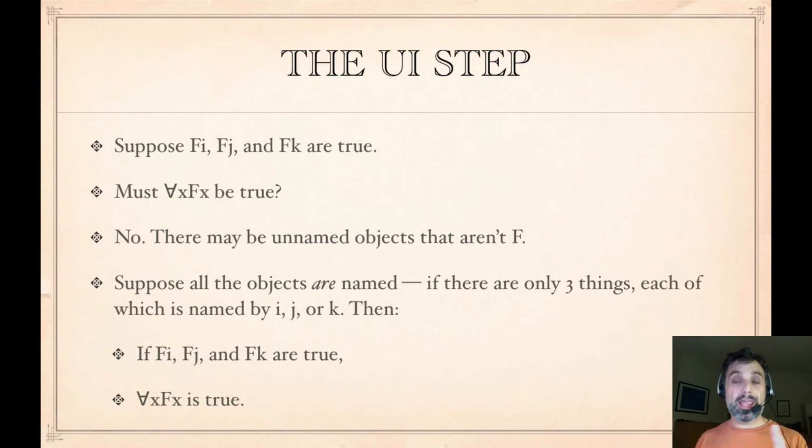But if in fact we've named everything, and we have an instance for each of our names, then if all of the instances are true, the universal will be true, because whichever thing you pick, it's Igor or John or Carl, we say, yes, we have a particular instance, say John, and we look and say, oh yes, we're saying that John is a frog. So if you have some instances and you know that everything is named by the names or variables in those instances, then the universal will be true as well.